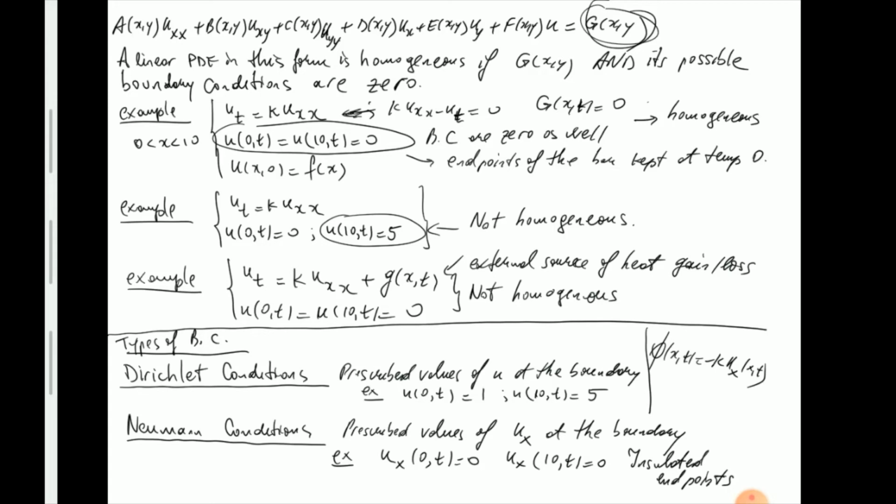For now, there is a more detailed classification like Robin conditions or many other conditions. But for now, all others, we're going to call them mixed conditions. And you saw already an example in the context of Newton's law of cooling. Go back to the lecture on that to remember how that works, when you have essentially a mixture of these type of conditions.